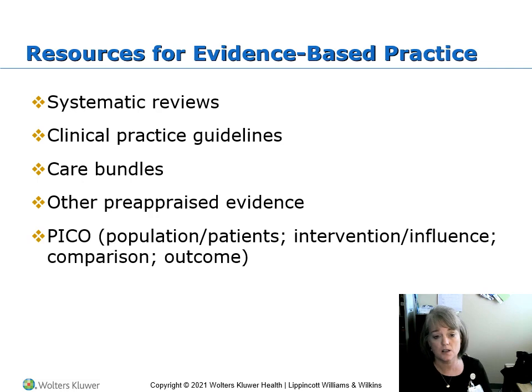Care bundles are another example of best practice bundles, and when I think of care bundles, I think of pressure injury prevention and falls prevention and infection prevention, where we know that if we do a group of interventions, we have a better outcome than if we pick or choose one or two.